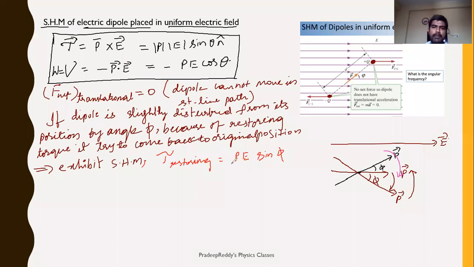I am bringing this dipole to a very small angle, so for small angles sin θ is nearly equal to θ. Therefore, τ restoring is equal to pE θ.